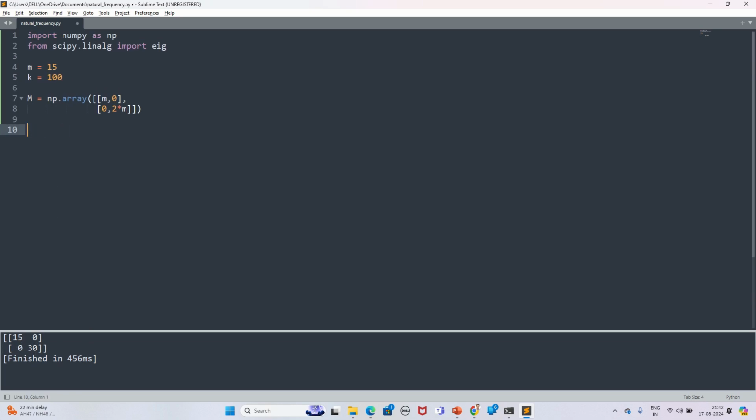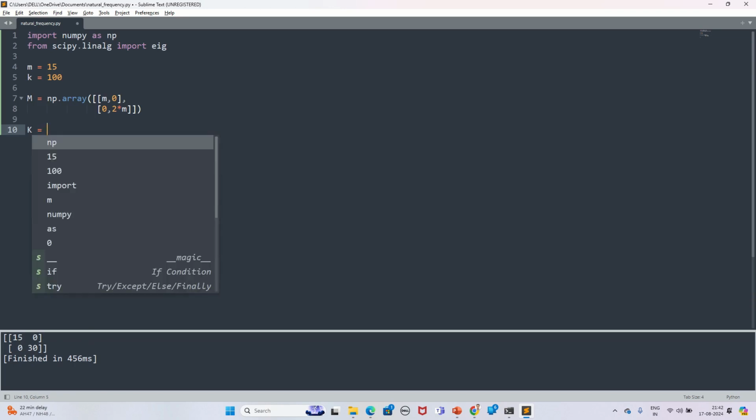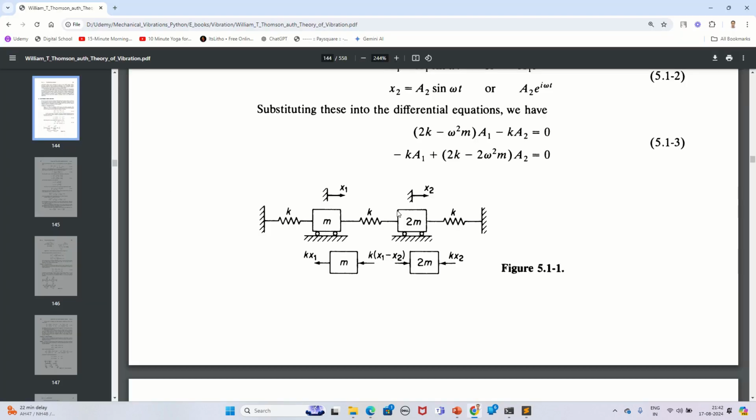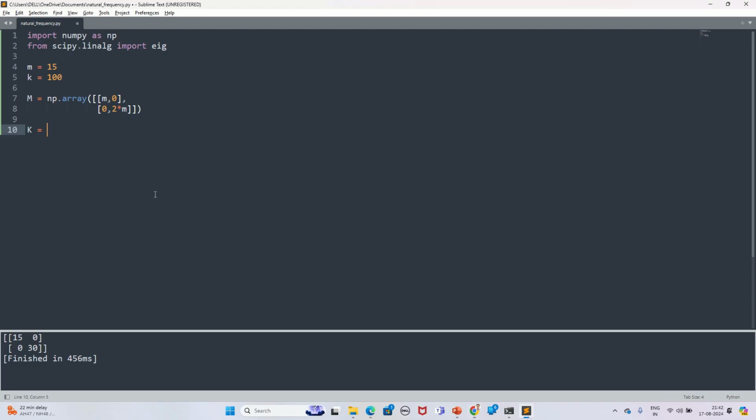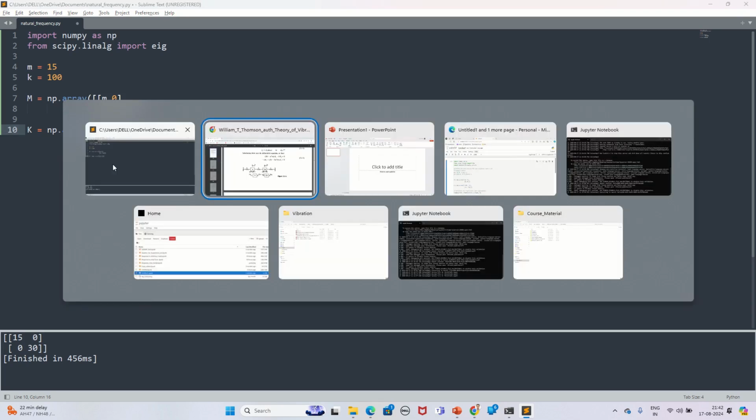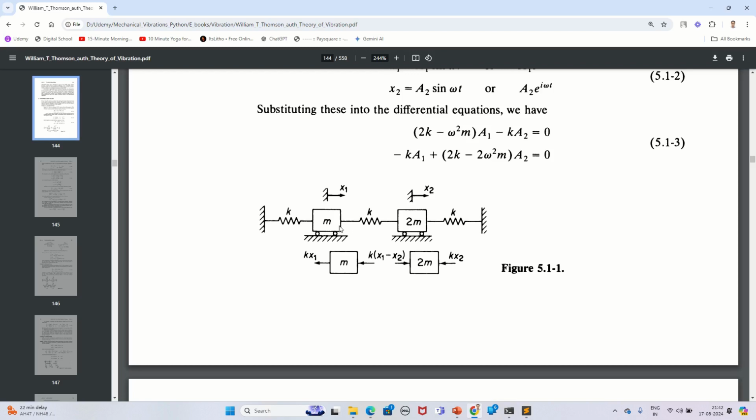Similarly the stiffness matrix should be there. The stiffness matrix can be calculated in different ways. It would be a 2 by 2 matrix, so let's first define np.array. First a square bracket, then first row, comma, second row. The first element is k11. k11 means the stiffness of the springs connected to mass 1.